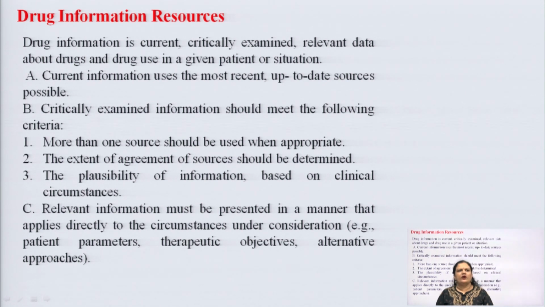So, drug information is current, meaning newly adapted and critically examined, because a drug is associated with both pharmacological effects as well as adverse drug reactions. It is relevant data and information about the drug and its use.